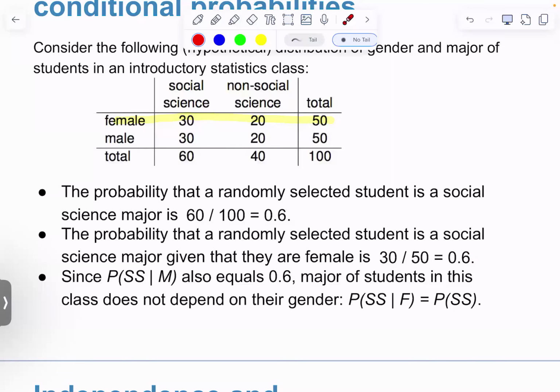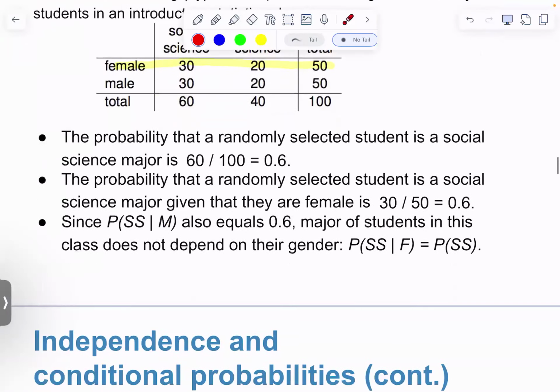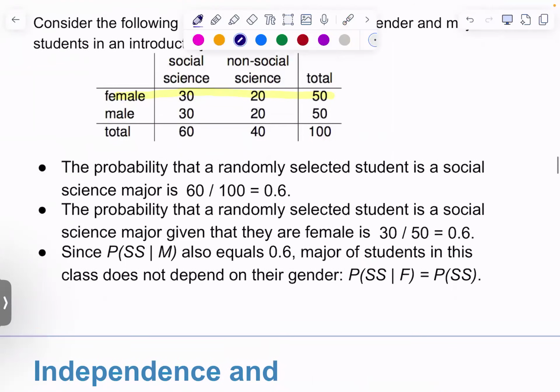Because the probability of being a social science major, knowing that they're male, is also 0.6, we say that the major of the students in this class does not depend on their gender. From here, if we wrote this down, this is the probability of being a social science major.